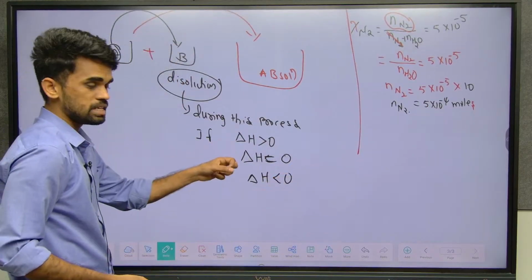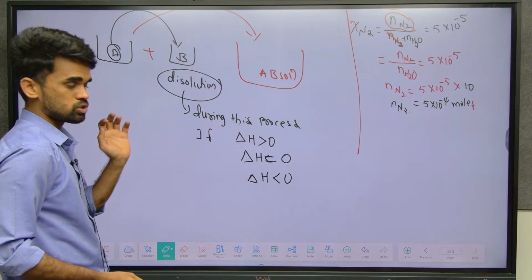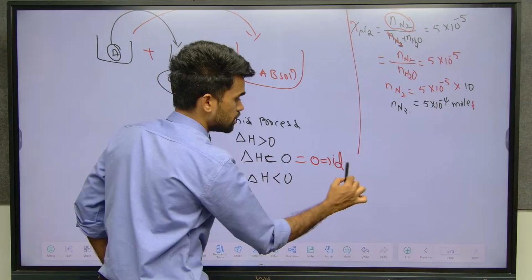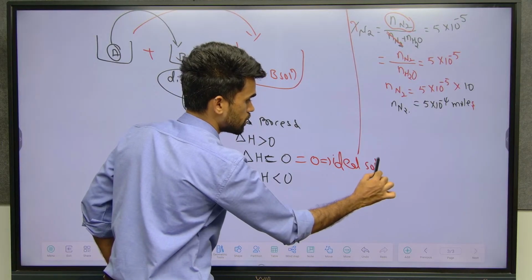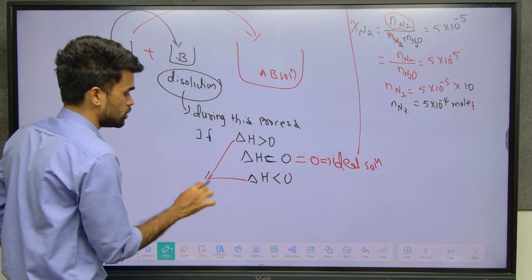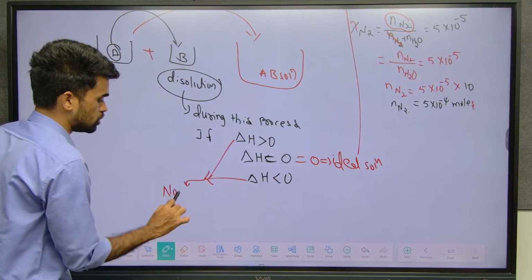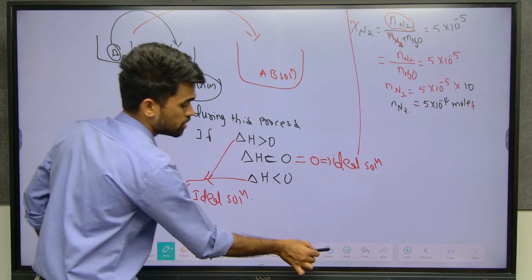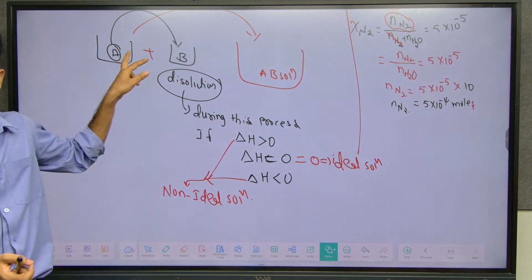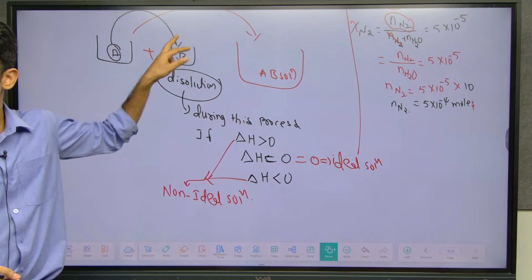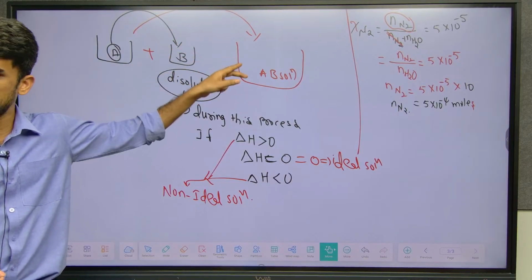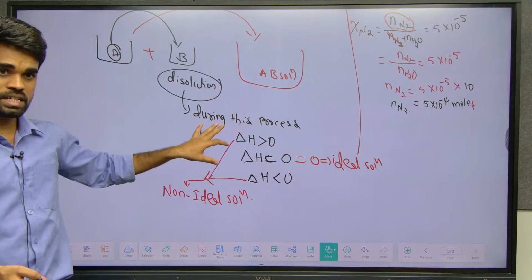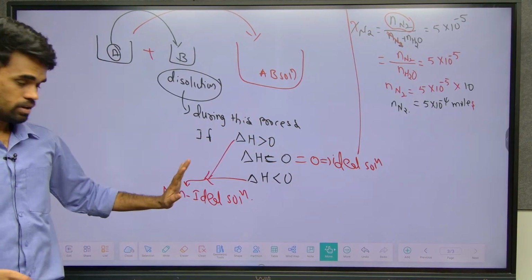If it equals 0, you should say that solution is an ideal solution. For these two conditions, you should say it is a non-ideal solution. Once again tell me, when we are dissolving two liquids, what happens? Heat may be absorbed, heat may be released, or no change. If no change, you should say ideal. If there is any change, non-ideal.